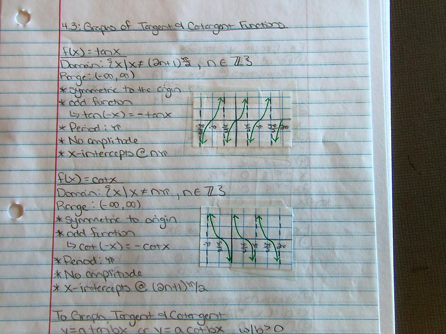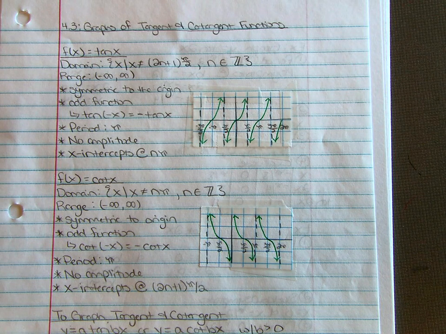So I've made my little table or list of all the important information and given you a generic graph for each of these functions. If you look at tangent, tangent follows the same domain as, what was it, our secant function, I believe. I don't have my notes on me.